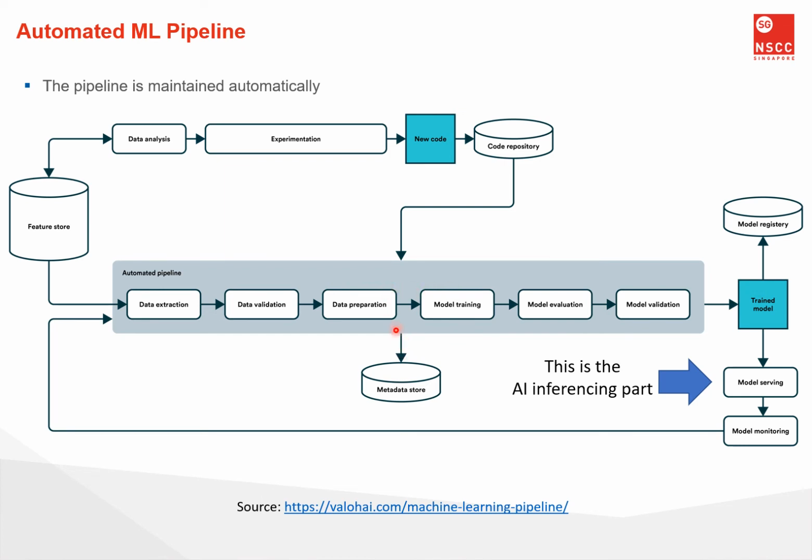Now, for this training pipeline, we can store some of the metadata, for example, the hyperparameters that we use, the number of training samples that we need, or the number of bootstrapping examples that we want. All this additional information about the process itself is what we call the metadata, and we can have a separate metadata store for all of this.